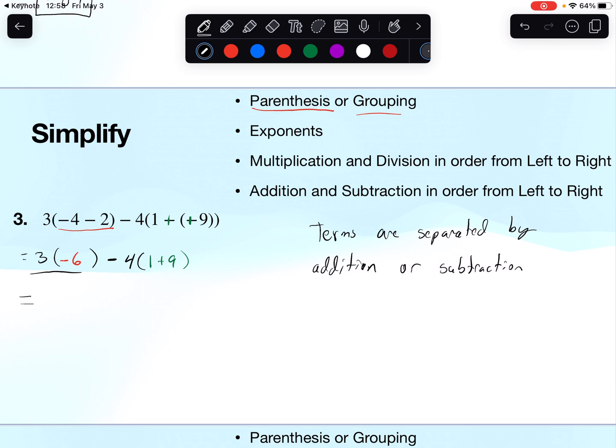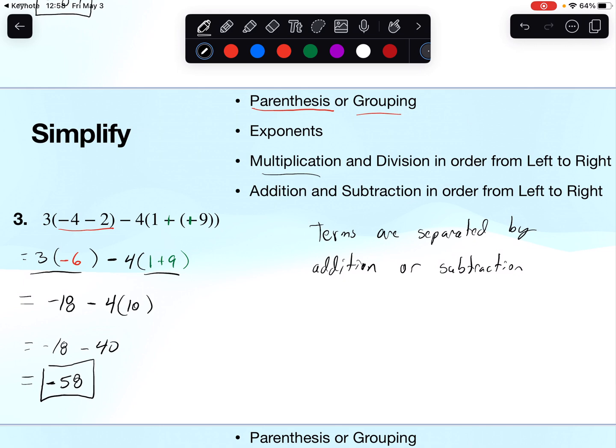So 3 times -6 is -18, and we'll just leave it there. -4 times 1 plus 9, which will be 10. Do your multiplication. It's going to be -18 minus 40. So we owe $18. We want to buy something that costs $40. We're going to have to borrow $40, and so our debt is going to add up to be 58.